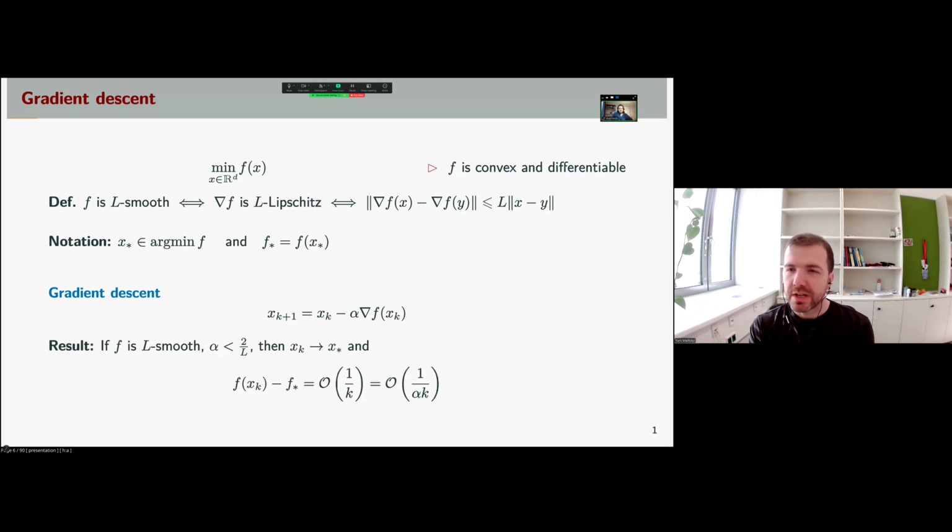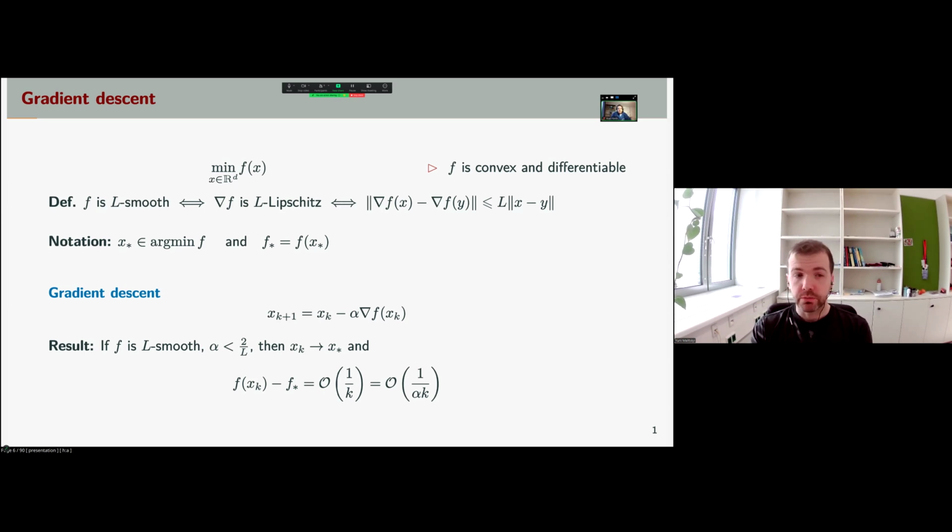If you assume just a little bit more than convexity, L-smoothness, which means that we have control over the gradient, and if we pick the step size small enough, say smaller than 2 over L, then we have convergence of iterates to a solution. We also have a nice rate for function values: a 1 over k rate. If you want to see the dependence on the step size, it is in the denominator. So the smaller the step size, of course, the worse the convergence, linearly proportional.